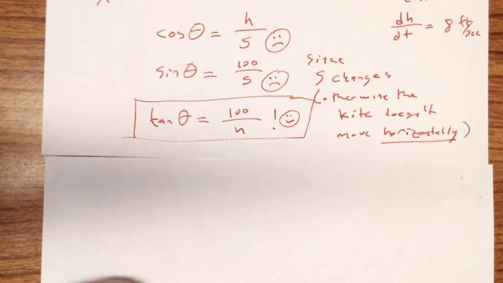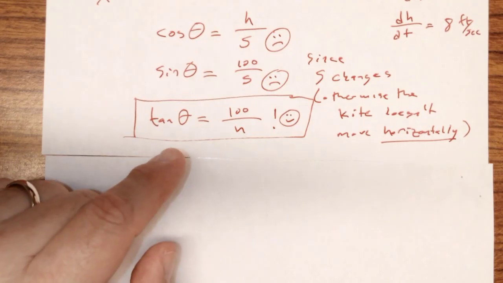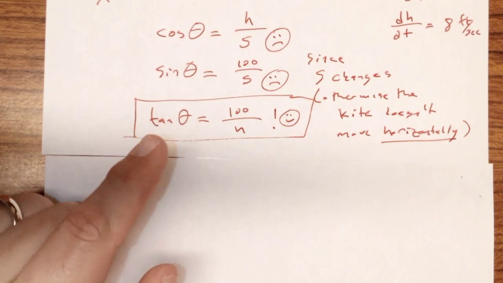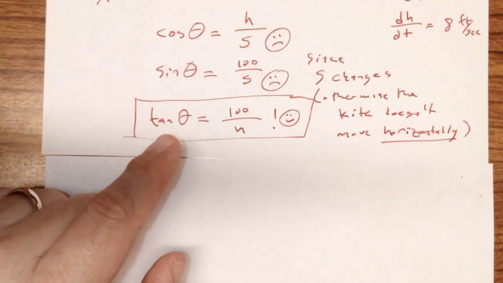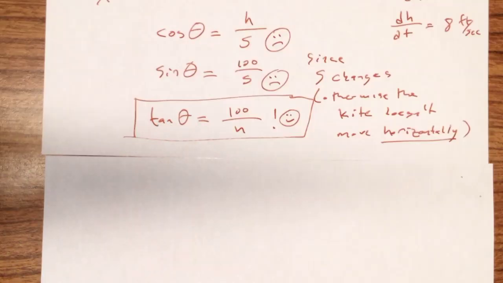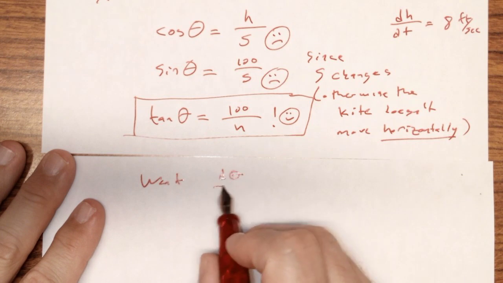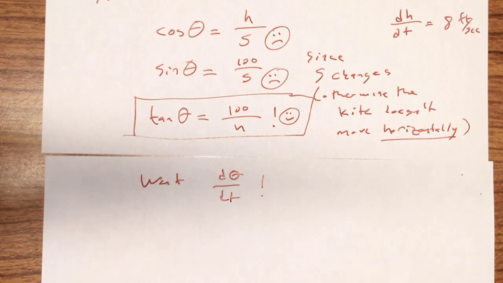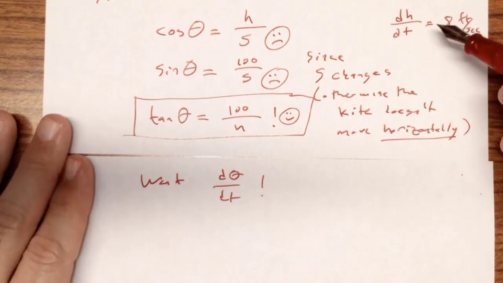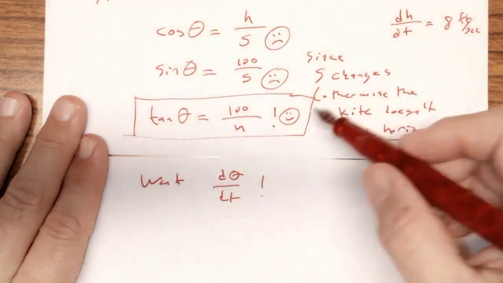I want to take the derivative here because I want to know how the angle is changing. I want d theta/dt. And I have dh/dt, so this is the equation I use.